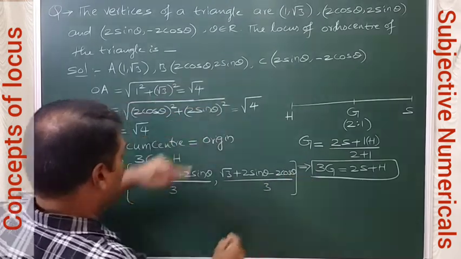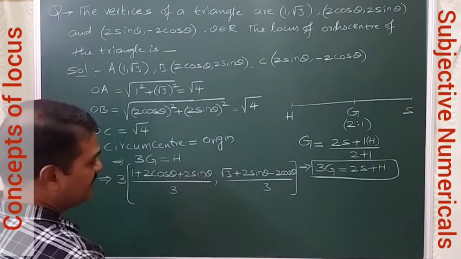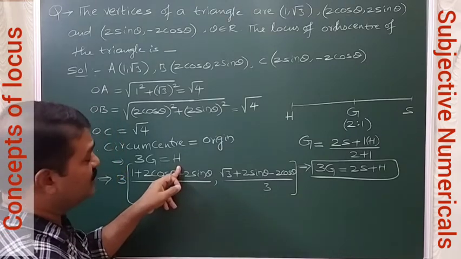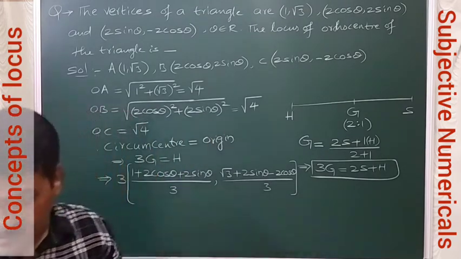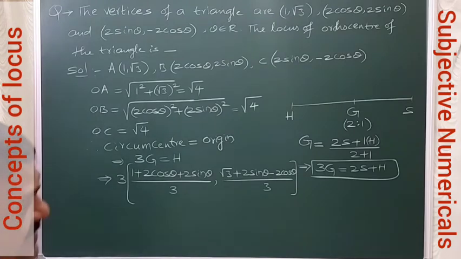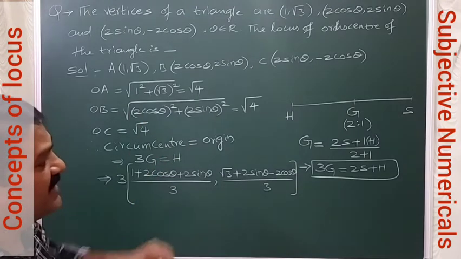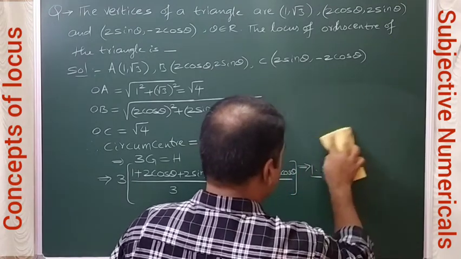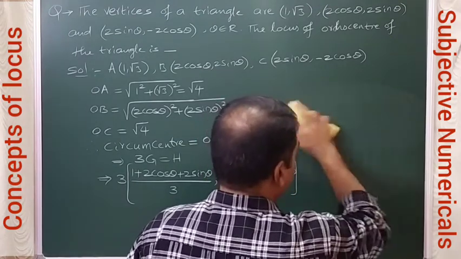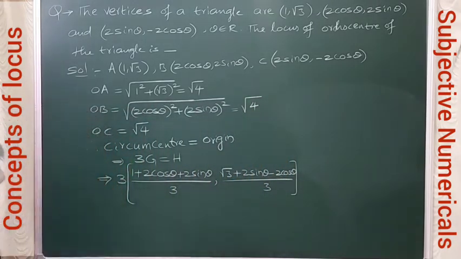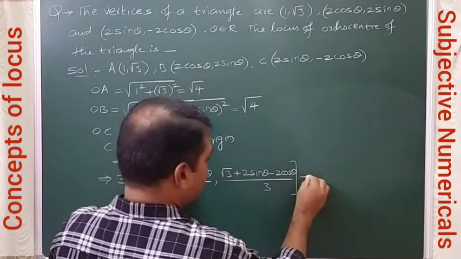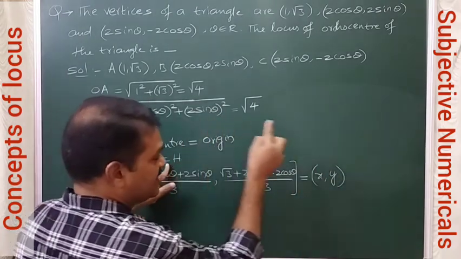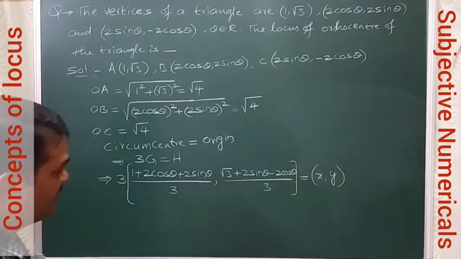So this is the centroid. 3 into centroid is equal to orthocenter H. Since the locus of orthocenter is required, let us consider the orthocenter as x comma y.